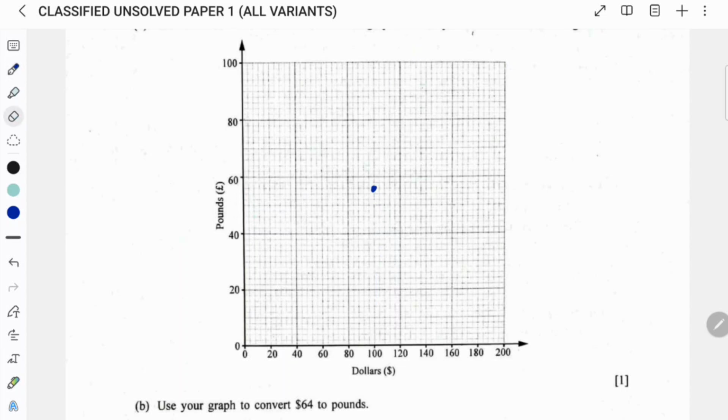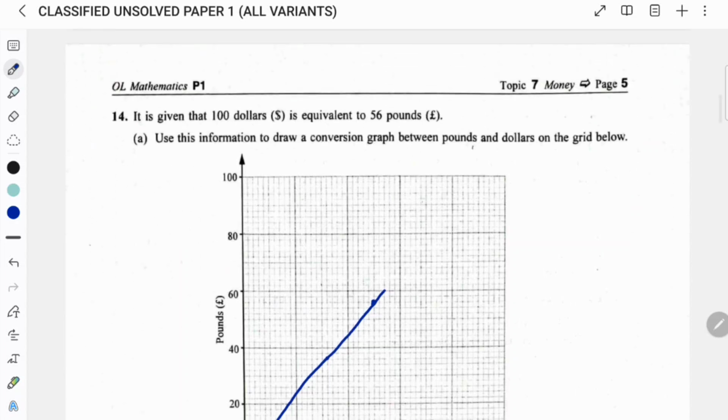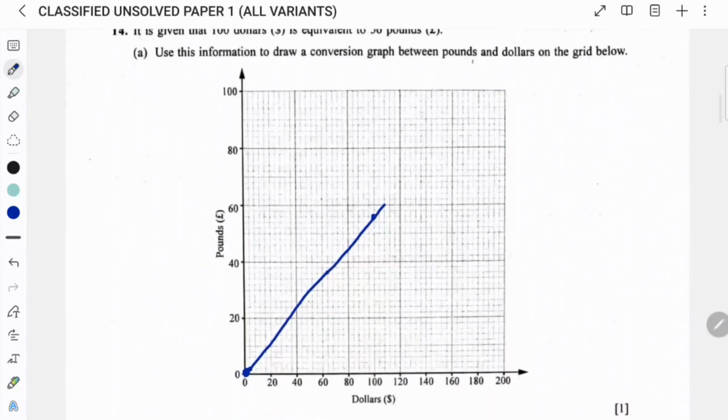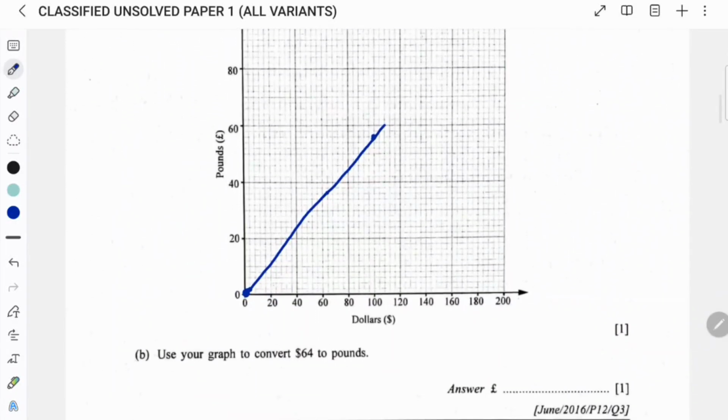And you know that 0 goes with 0: $0 and 0 pounds. So these two points we have to use the ruler and join together. I just joined the line with the ruler, joining 0, 0 and the other point, $100 and 56 pounds.